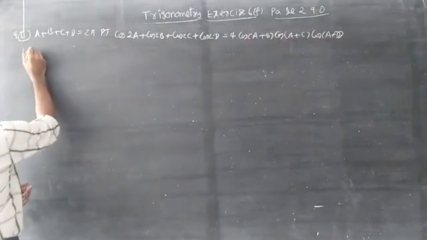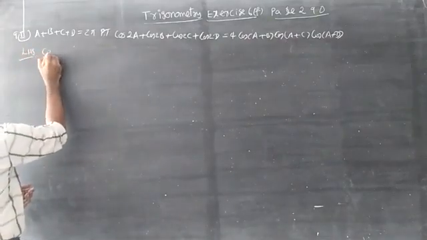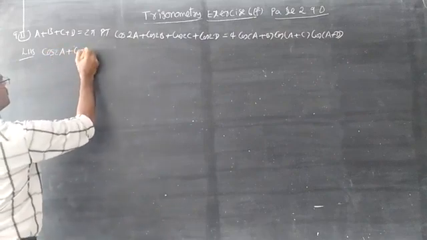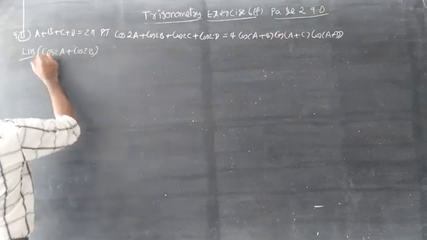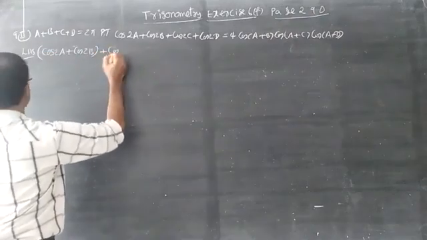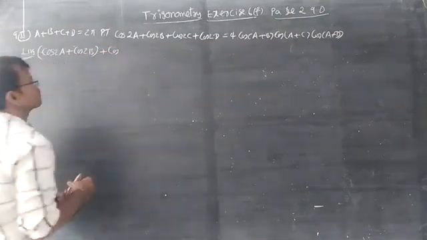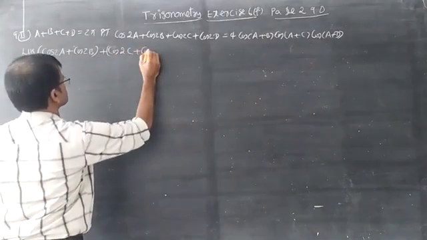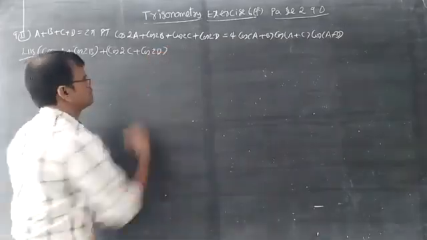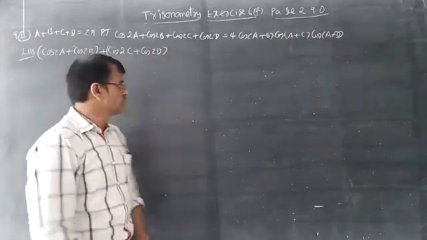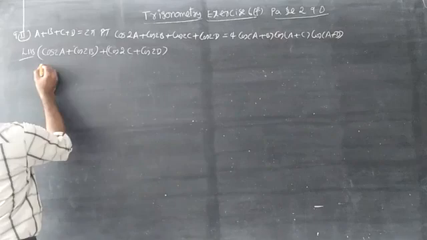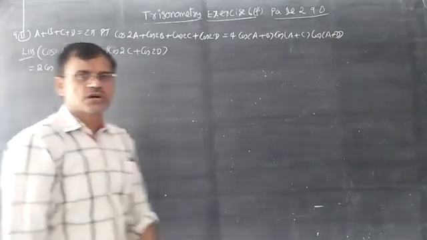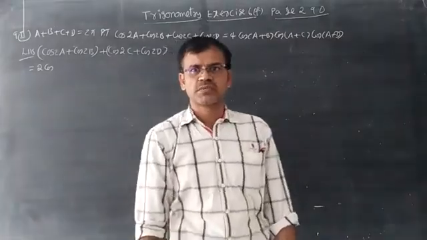Taking LHS, cos 2a plus cos 2b, take a bracket, plus cos 2c plus cos 2d. So apply the formula cos c plus cos d, 2 cos c plus d by 2, cos c minus d by 2.